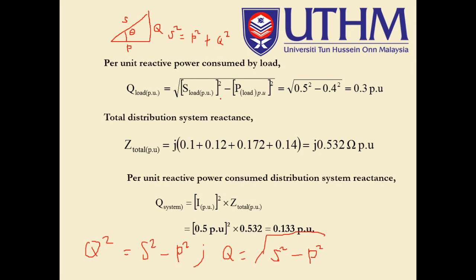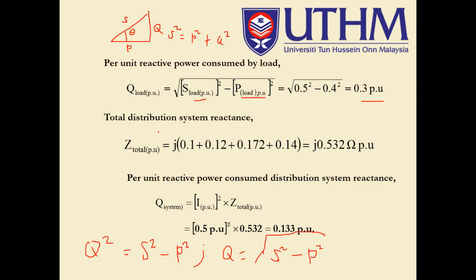And S load PU is given by 0.5 squared minus 0.4 squared for the P load PU. So 0.3 is the answer for Q load PU.